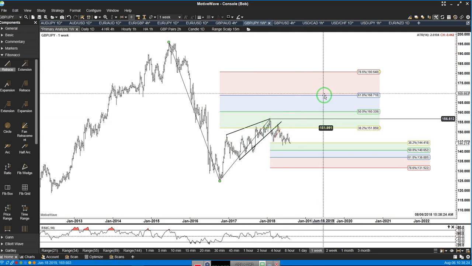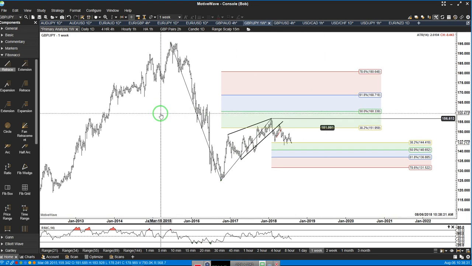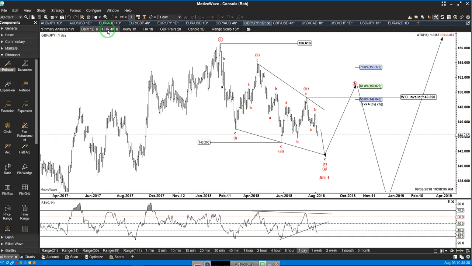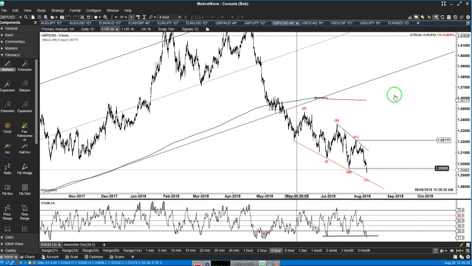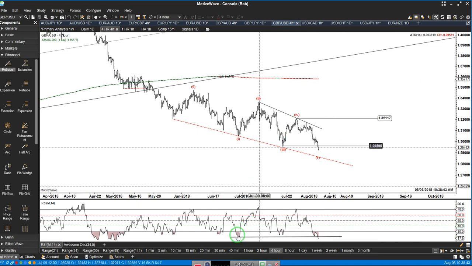I think we're going to see that 61.8. I know there's a lot going on with Brexit and stuff right now, but I don't know that it's going to be as bad as some are thinking.